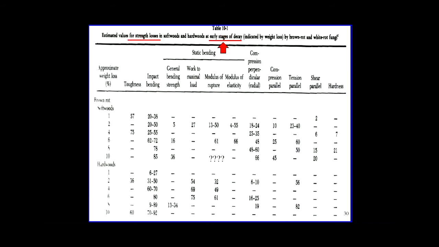This is why brown rot is so dangerous, and why we need to be concerned about it. It's not always going to look like that brown crumbly material and be very obvious that this stuff needs to be replaced.